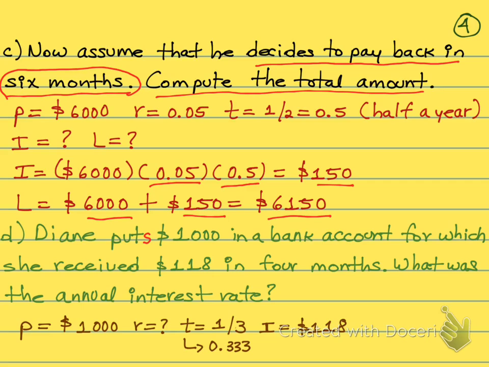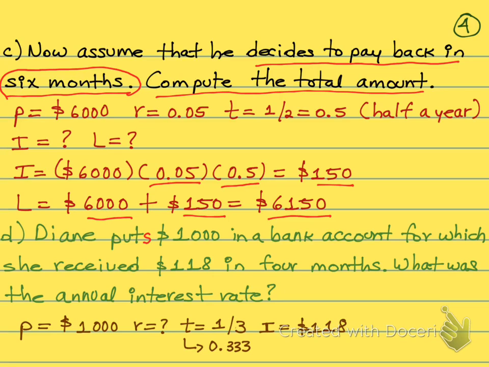Next, Diane puts 1,000 in a bank account for which she received 118 pesos in 4 months. So we divide the year in 3 periods because 4 times 3 is equal to 12. So what was the annual interest rate? So P is equal to 1,000.